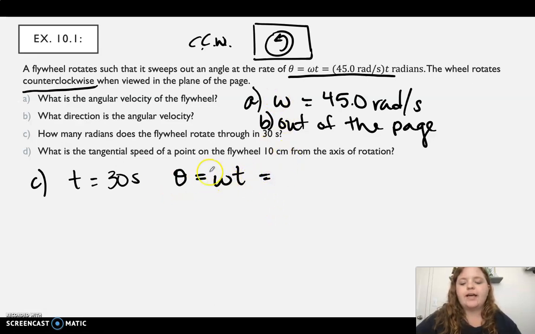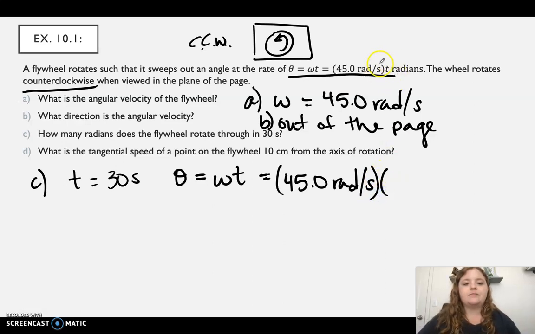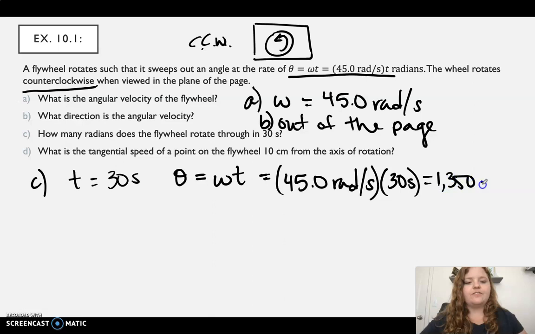We can just plug in our formula. We have 45 radians per second, times our time t, which is 30 seconds. And if we plug that into our calculator, we get 1,350 radians.